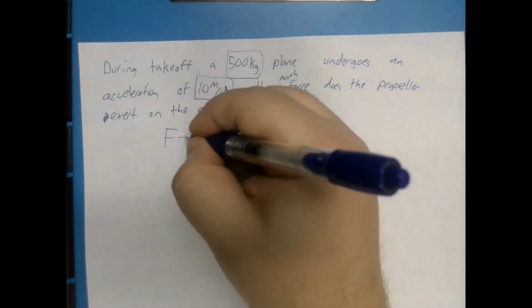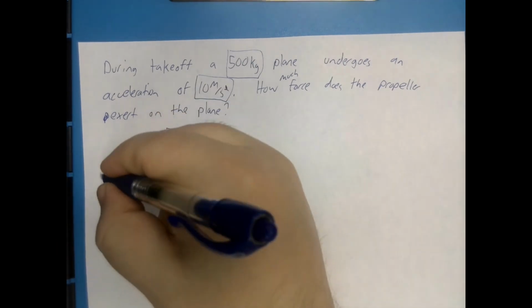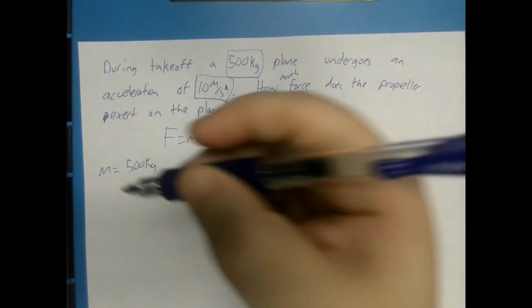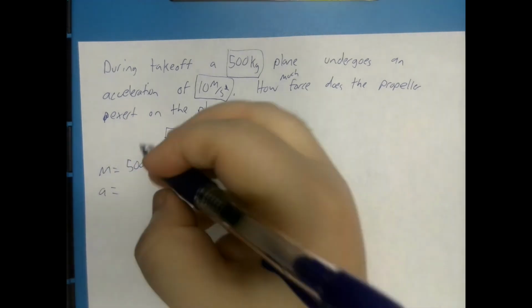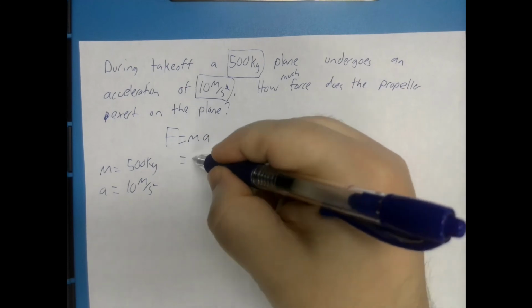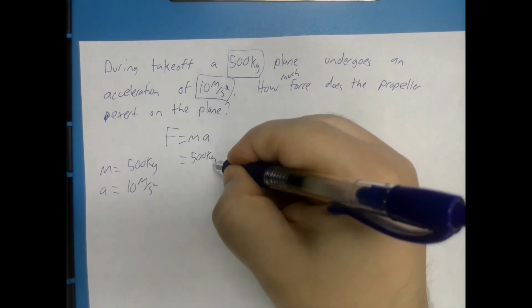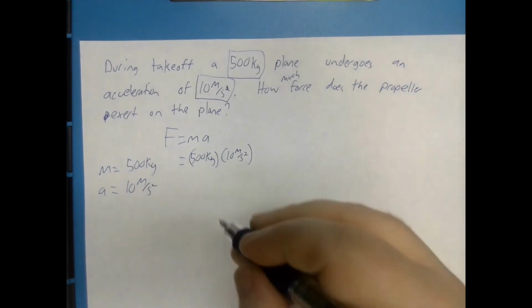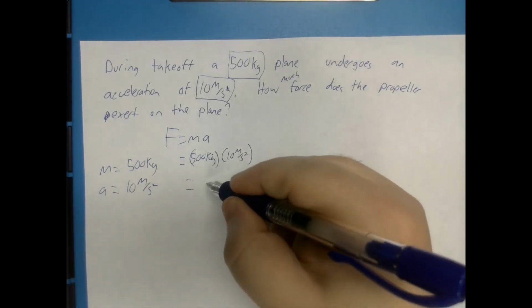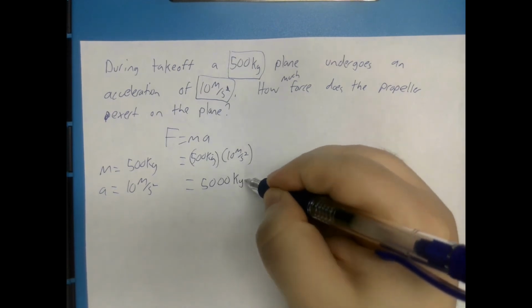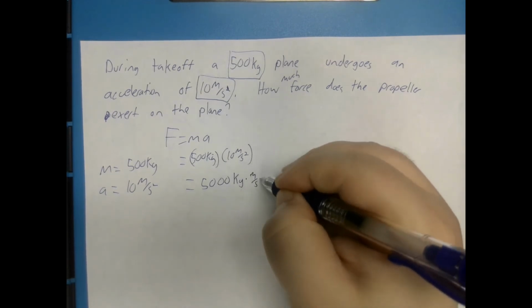So F equals ma. Our mass is 500 kilograms. Our acceleration is 10 meters per second squared. So that would be 500 kilograms times 10 meters per second squared. Since they're just being multiplied, you multiply the units together. So that'd be kilograms times meters per second squared.